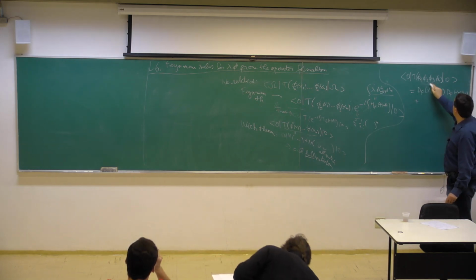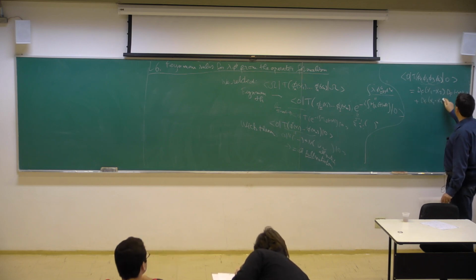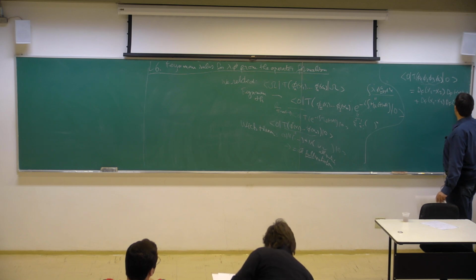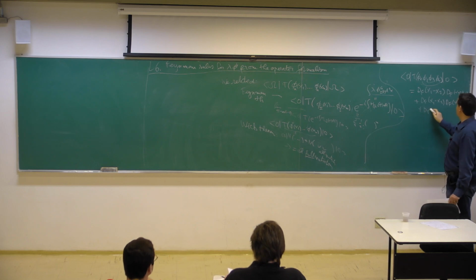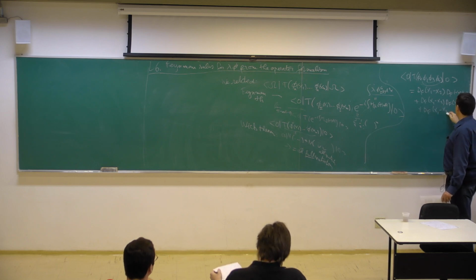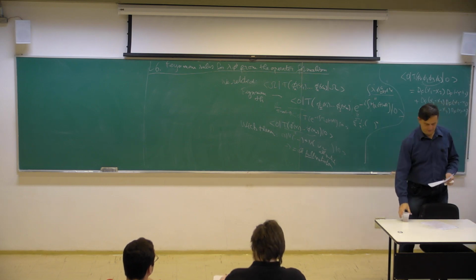Then we have this contraction, so Feynman propagator x1 minus x3, x2 minus x4. And then we have this contraction, x1 minus x4, x2 minus x3. Okay, so this was the full result using the Wick theorem.